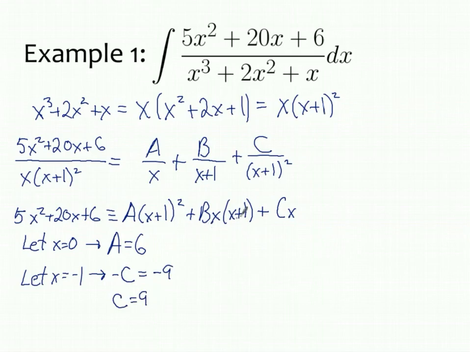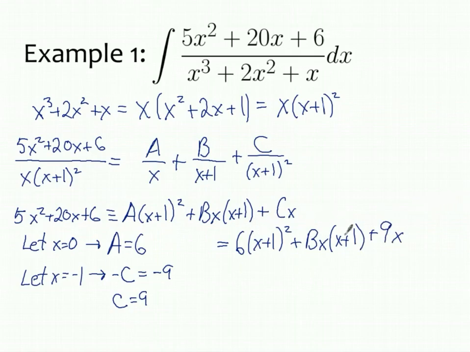And now I can solve for B as well. Let's plug the A and C in so that we have that to work with. This is going to be 6 times (x plus 1) squared plus, I still don't know B yet, Bx times (x plus 1) plus 9x.